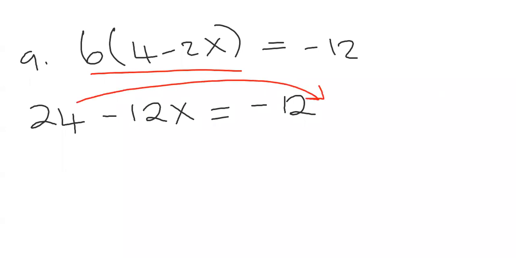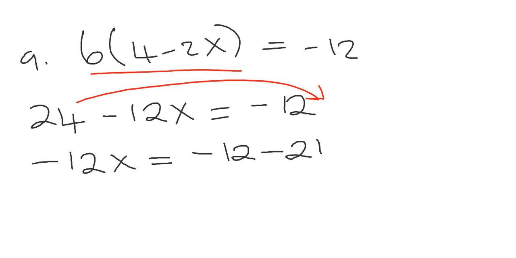Taking the 24 that side, this side we are now left with negative 12x, and that side we now have negative 12 minus 24. So we now have negative 12x is equal to negative 12 minus 24. It gives us a negative 36.